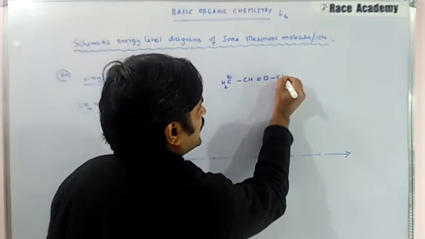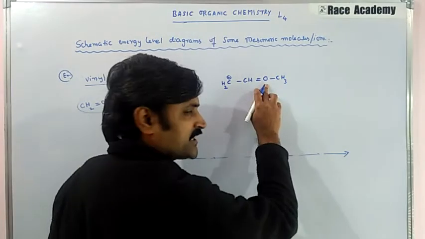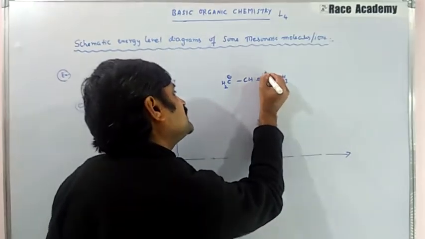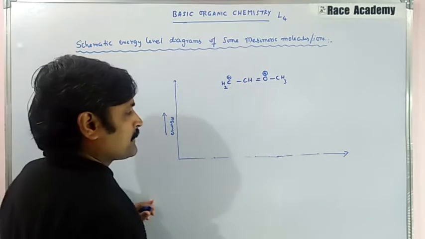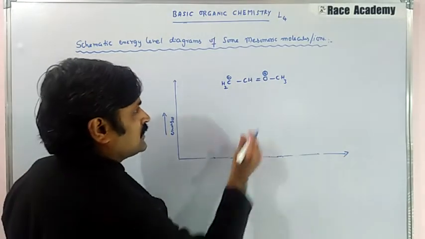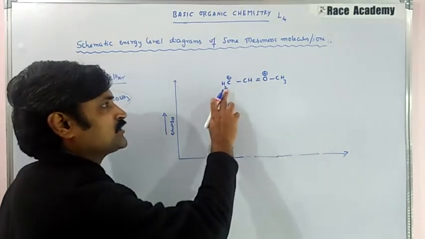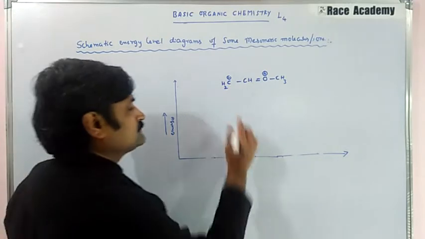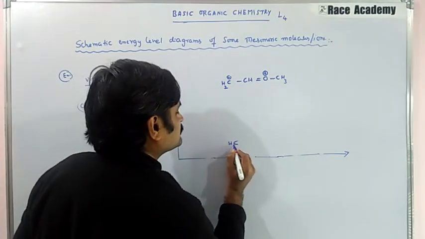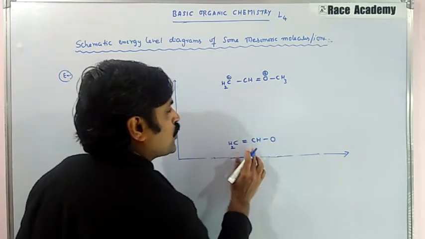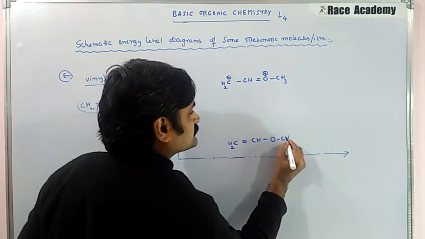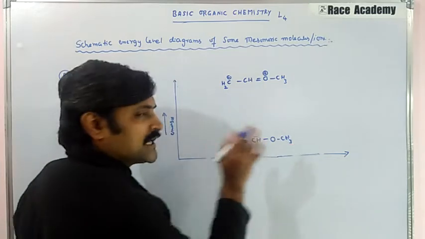This is in turn linked with the ethereal oxygen, and this ethereal oxygen has a positive charge, so it is highly unstable. When compared to the other one, we can easily change this and make a double bond here, then it will be CH2=CH-OCH3.